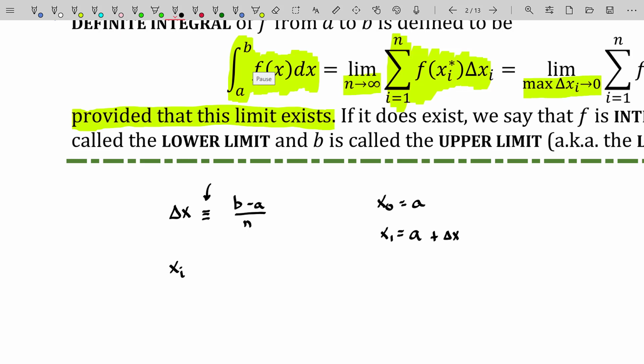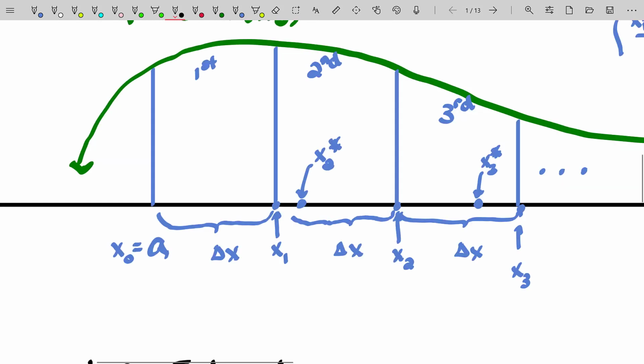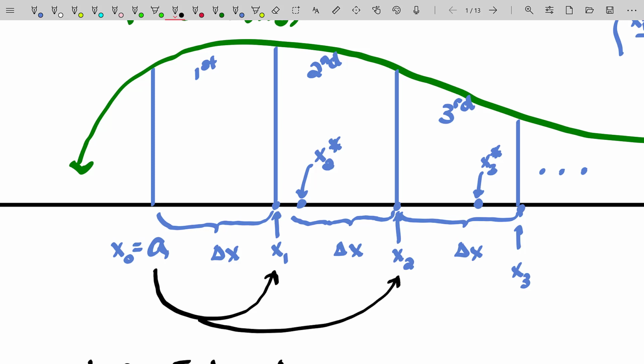So a plus delta x. And you can actually see that here. To get to x sub 1, you start at a and you add delta x to it. Likewise, if you want to get to x sub 2, you could start at a and not just add one step size of delta x, but add 2 step sizes of delta x.